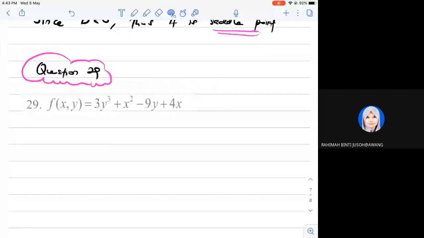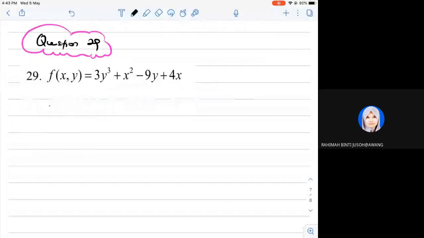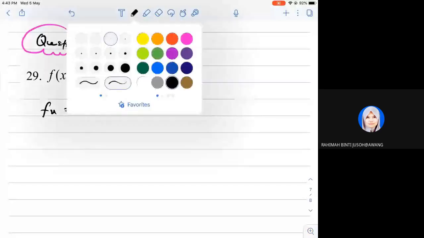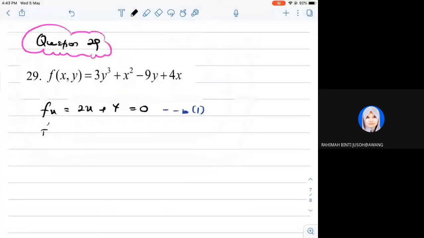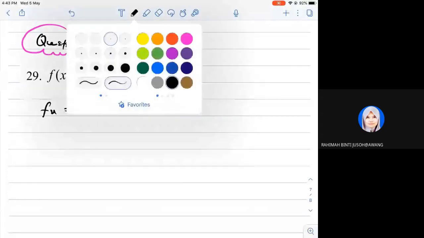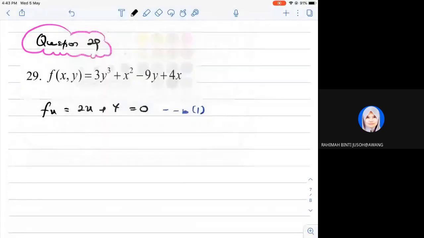Okay, as usual, cari critical points. So, fx equals to 2x plus 4. Sama kosong. And then cari fy. Nine y squared minus 9 equals to 0.